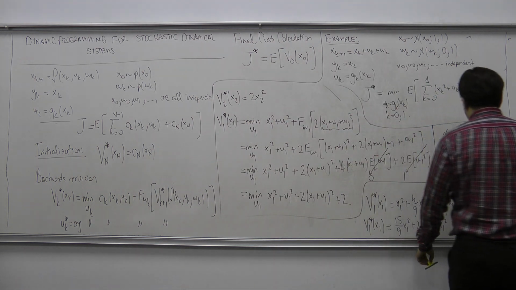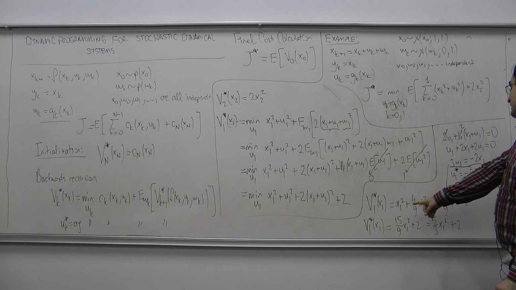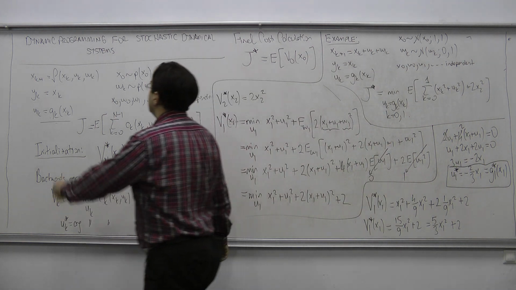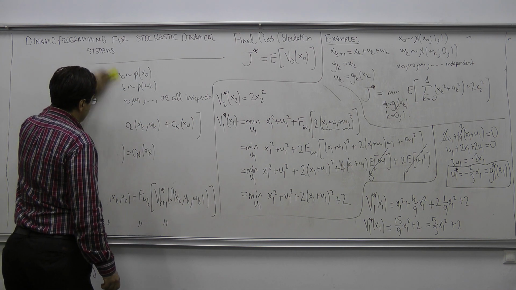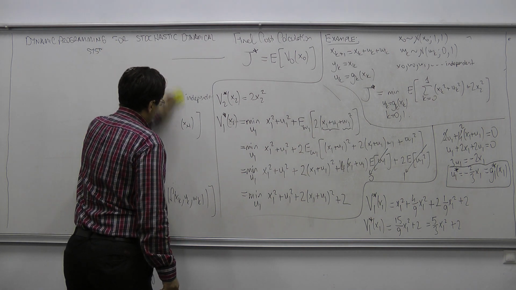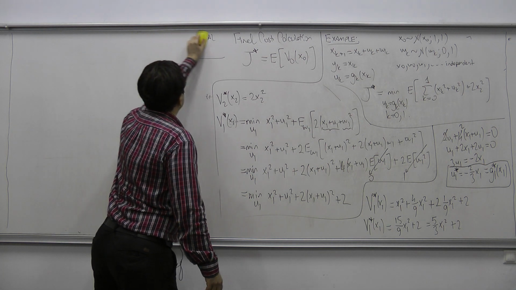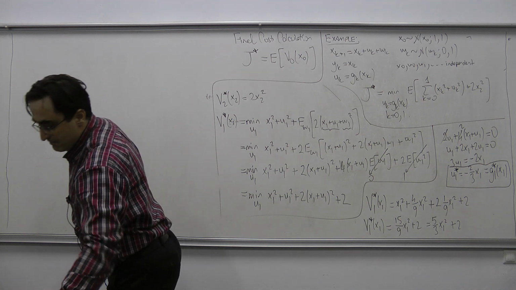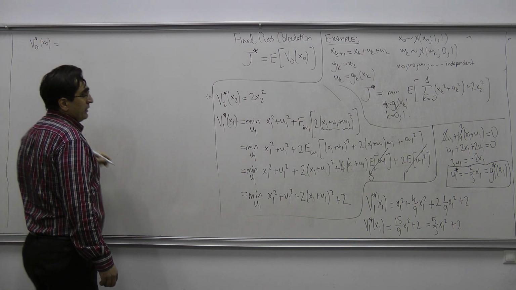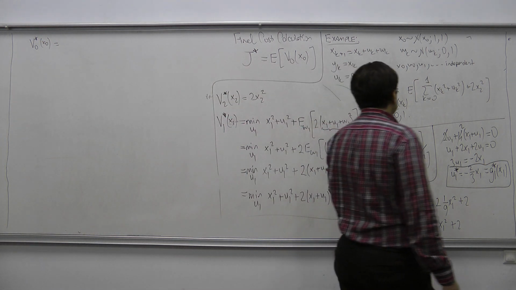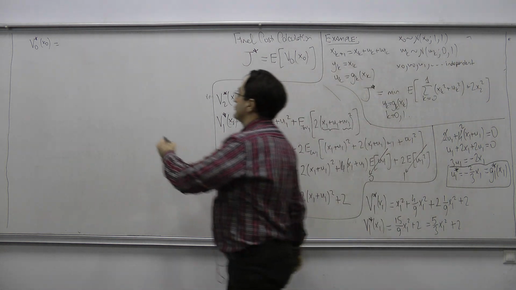So we have found the optimal feedback strategy at time 1, and we have calculated the optimal cost to go at time 1. So now the only thing remaining is to go to v0 star. v0 star of x0 is going to be, I will first add the incremental cost at time 0, which is x0 square plus u0 square.